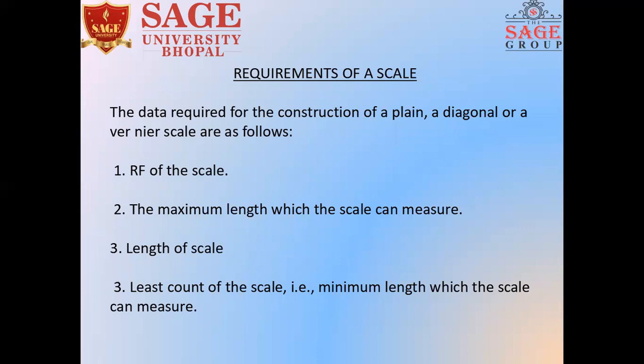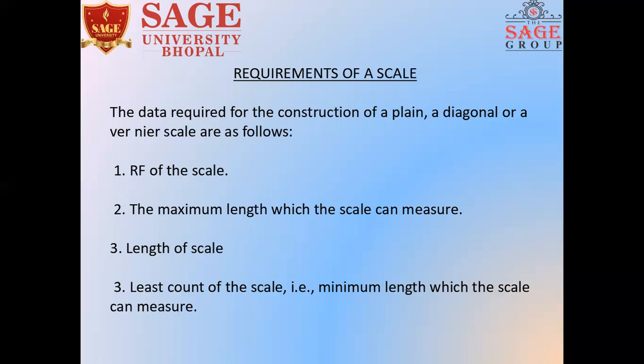So now the basic requirement of a scale is to read all the data which is given in the problem, because without data you can't solve the problem. So first of all, we will read all the required data which is required to draw a scale, like a plane scale, diagonal scale, or a vernier scale.